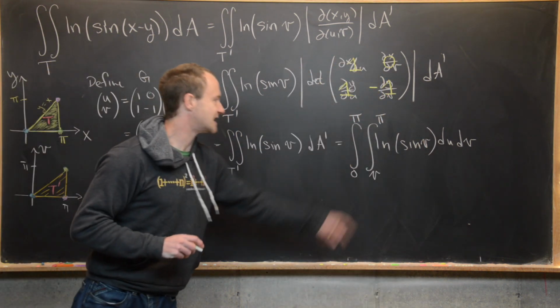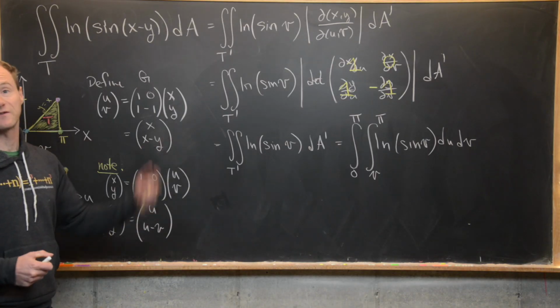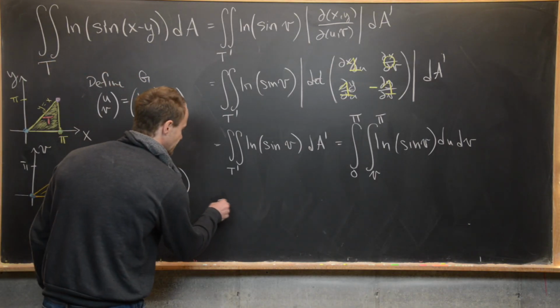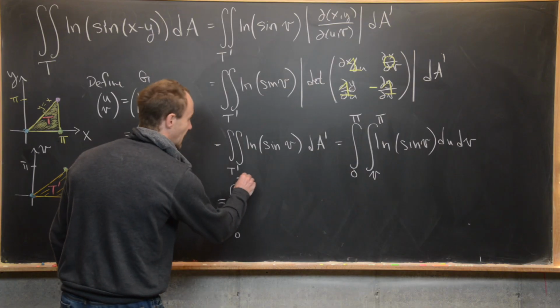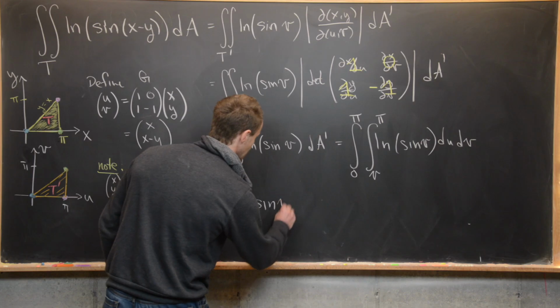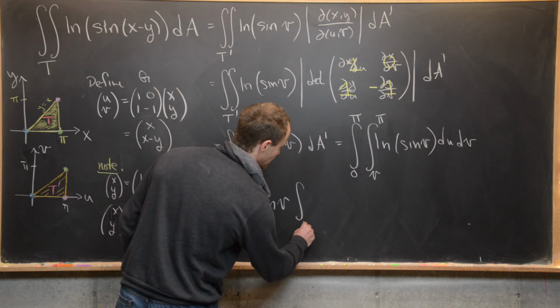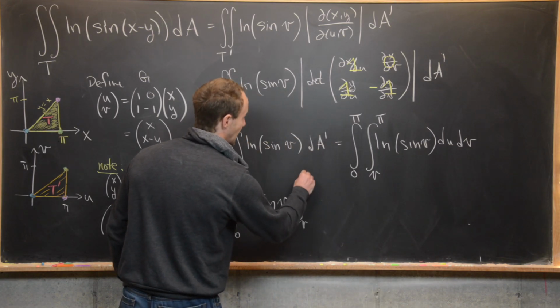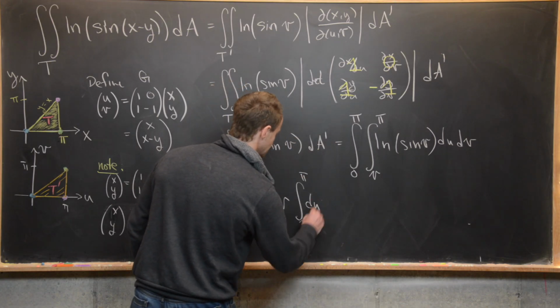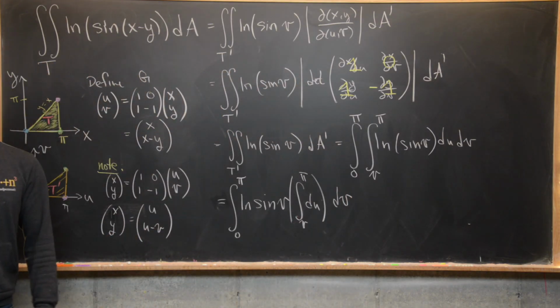But now notice that this natural log of sine of v does not depend on u, but that means we can factor that out of the inner integral. So here we have the integral from 0 to pi of the natural log of sine of v, and then that's times the integral from v to pi of du, and then that's all inside of this dv integral.